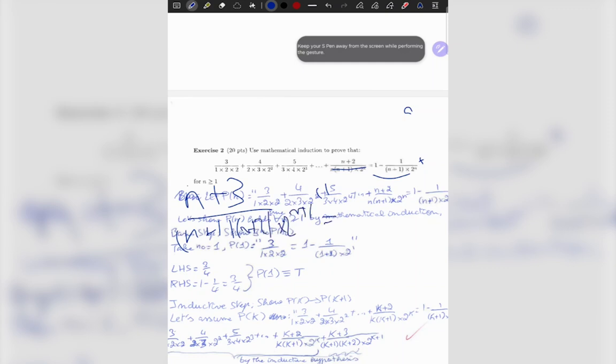Basically you want to show that the new term equals this, but with n plus 1 instead of n. So let's do that pretty quickly.